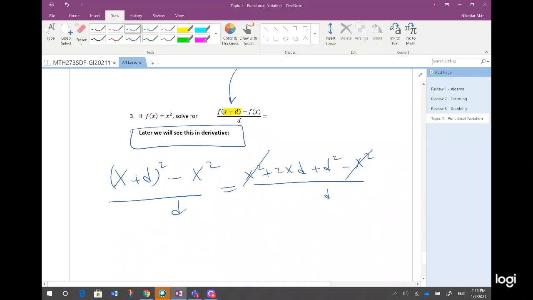Can I cancel this and this? Yes. Then it is d times 2x plus d, divided by d, and I cancel d and d. I have 2x plus d. Later I am going to use this to calculate the derivative of the function x squared, but not now.